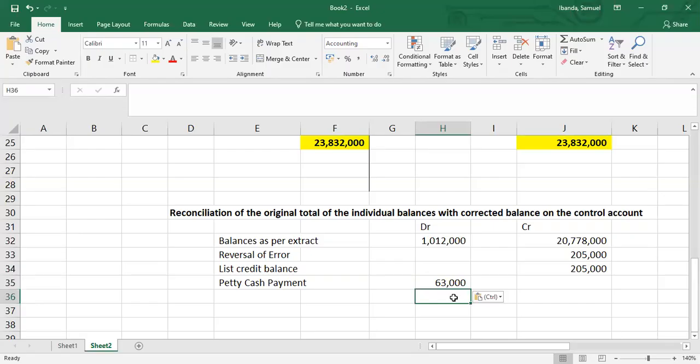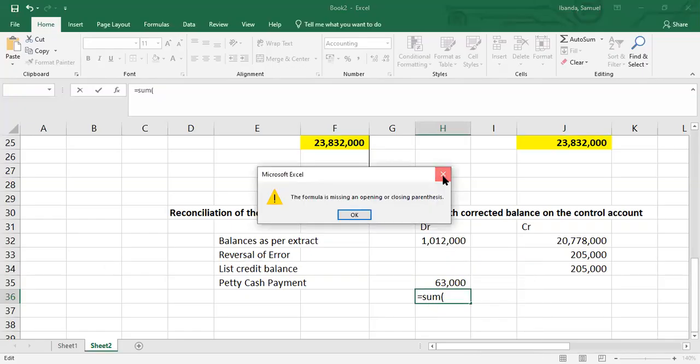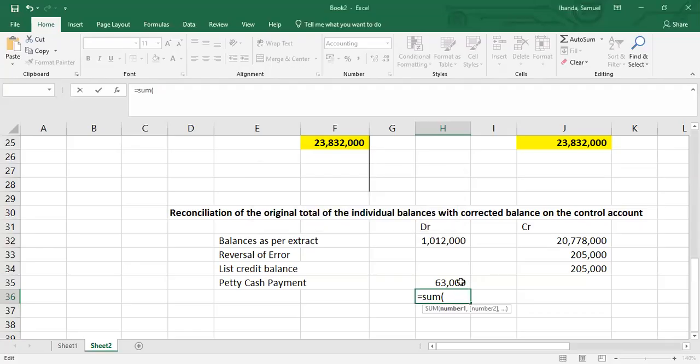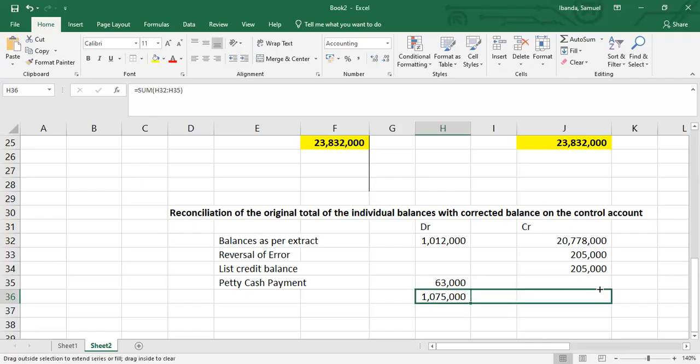So with that, I'm going to get the totals here. I'll get that total. I'll also get the total here, okay, which is 21, that, okay.